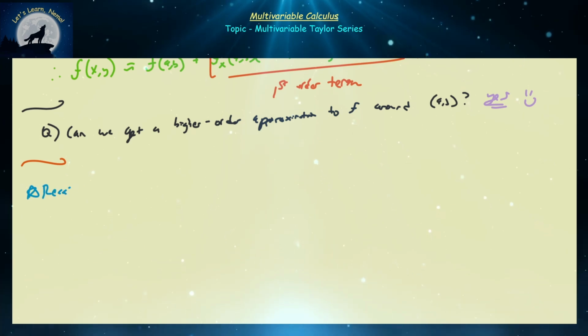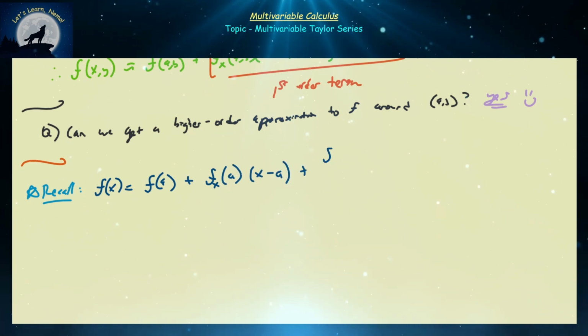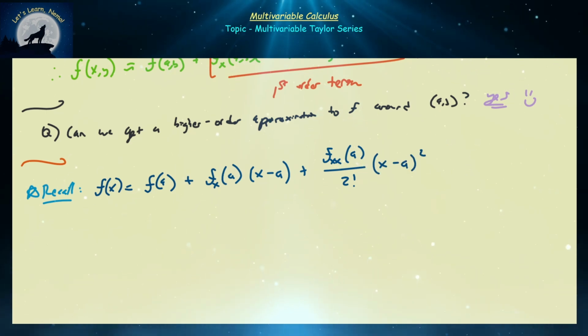So recall that f of x is equal to, again, f of a plus f prime of a times x minus a, and then plus f double prime of x at a all over 2 factorial times x minus a squared. So this term right here is our second order term.